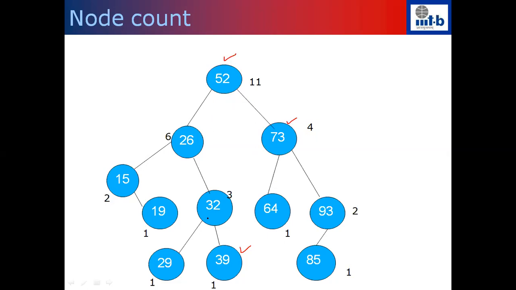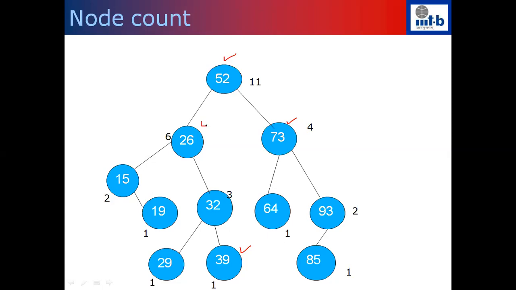But I am interested in finding the rank of 39. So I compare 52 with 39. 39 is on the left hand side, so I have to go to the left. When I go to the left, I am ignoring several numbers which are bigger than 39.